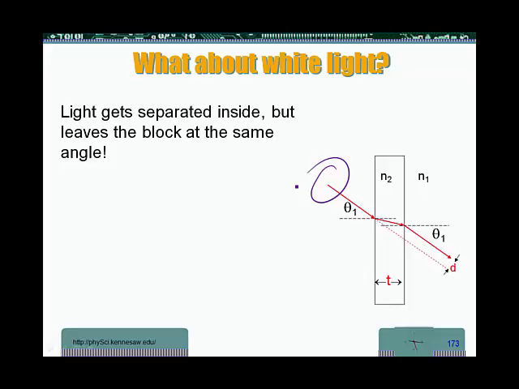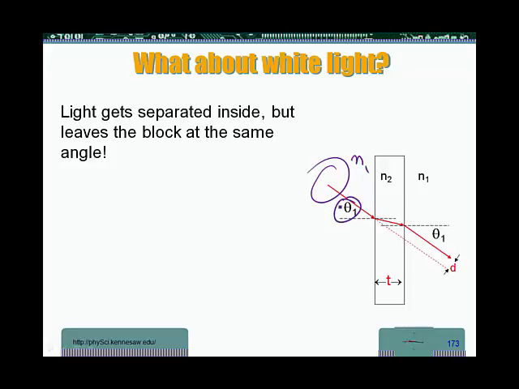Because for whatever color light, we are going to have an N1, N2, and another N1. Now, all beams are coming in with the angle theta 1.